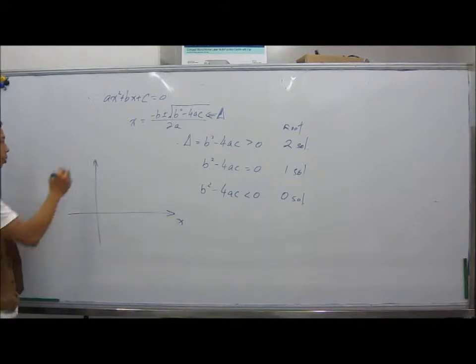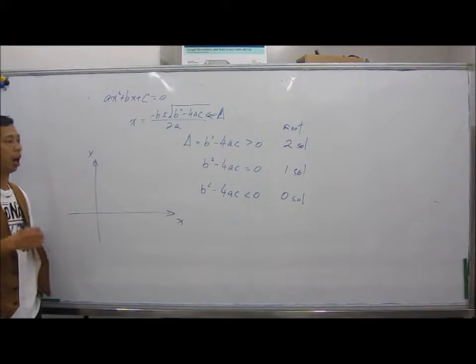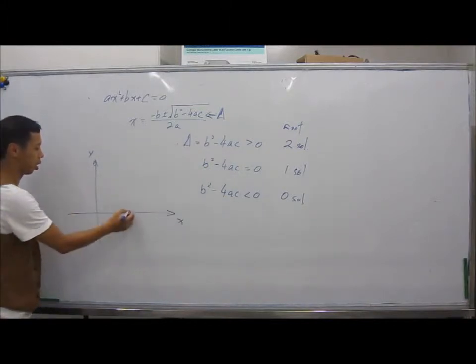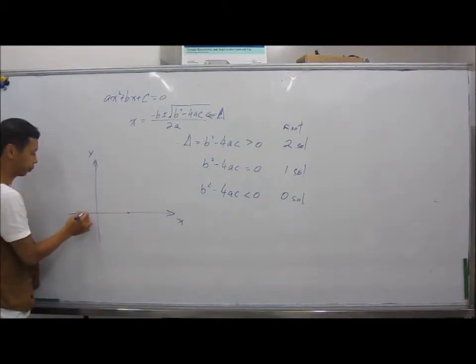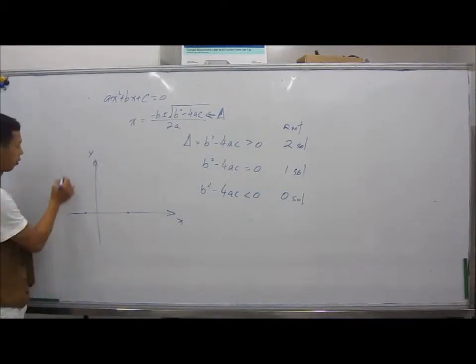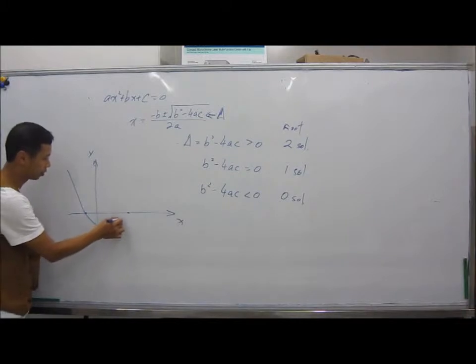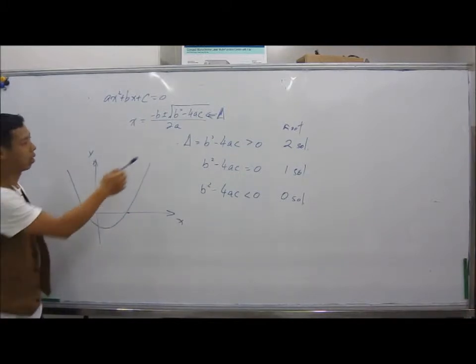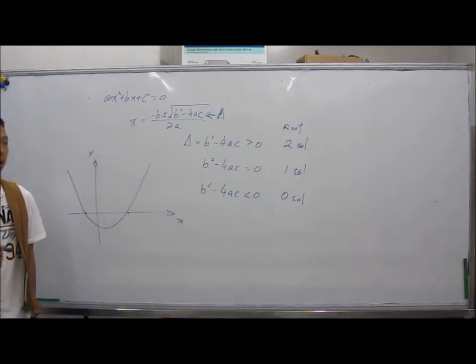Now from the graph, delta greater than 0 has two solutions. We have two points here, and a curve passes through them. This one we can say delta is greater than 0.